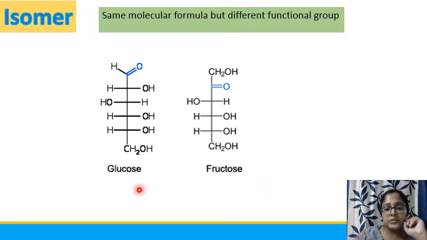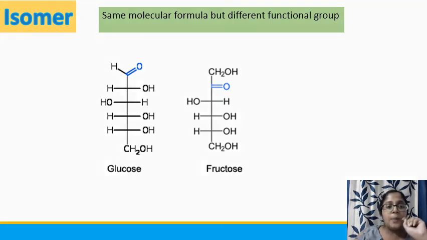Here glucose and fructose both have the same molecular formula of C6H12O6, but glucose has an aldehyde as the functional group, and fructose has a ketone. So glucose and fructose are an example of isomers. Isomer means compounds or saccharides containing the same molecular formula but different functional groups.